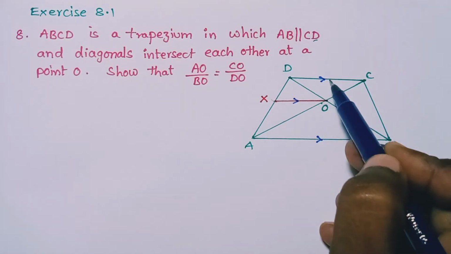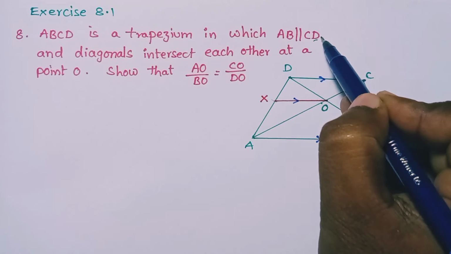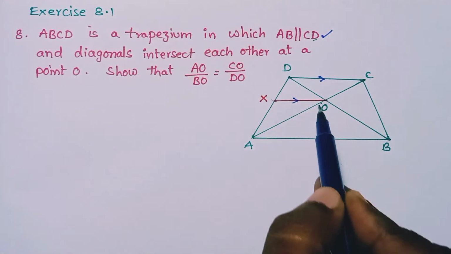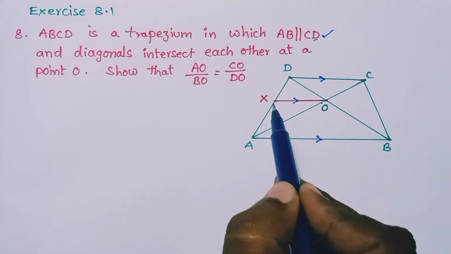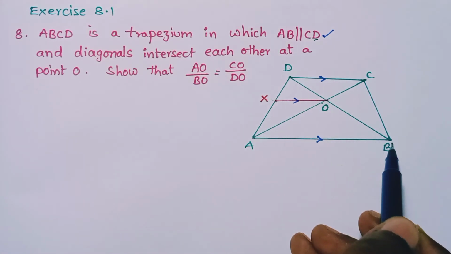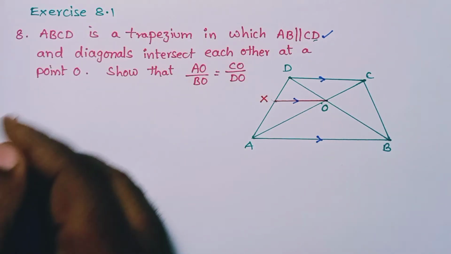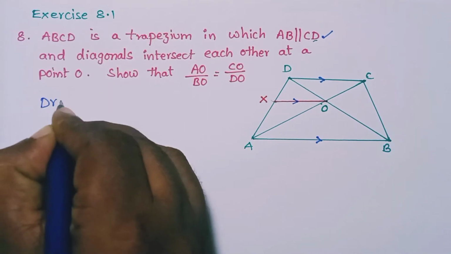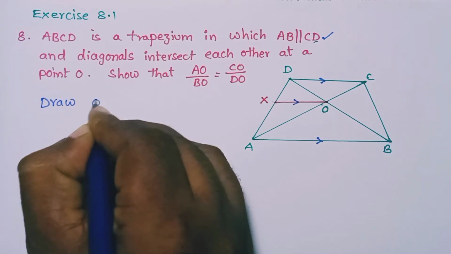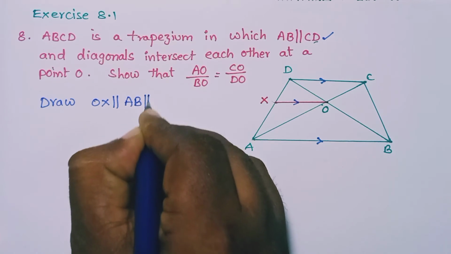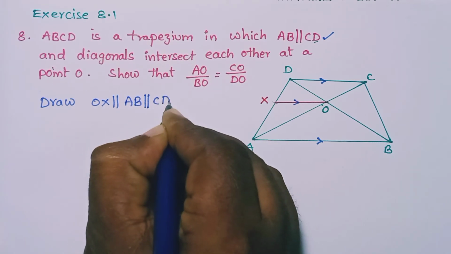In the trapezium, one pair of opposite sides are parallel, that is AB is parallel to CD already. Now I draw OX parallel to AB, that means it is parallel to CD also.